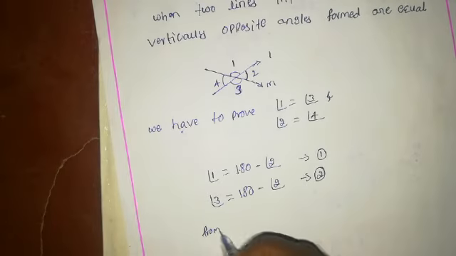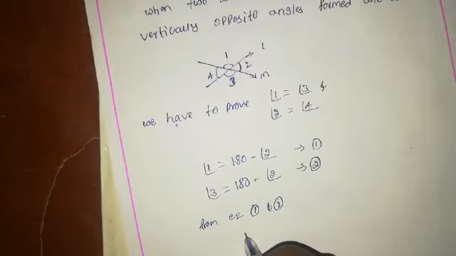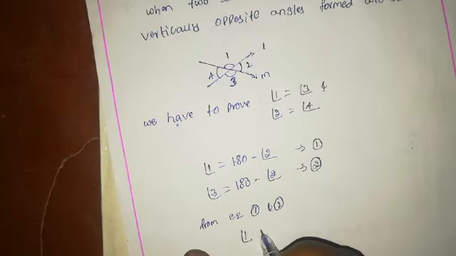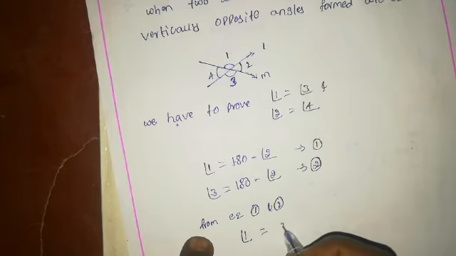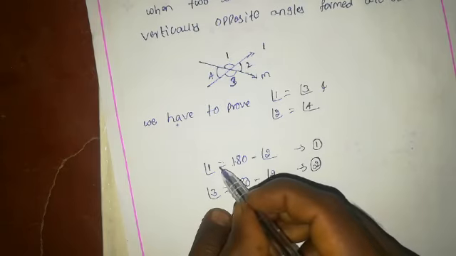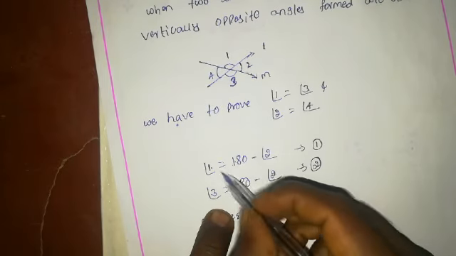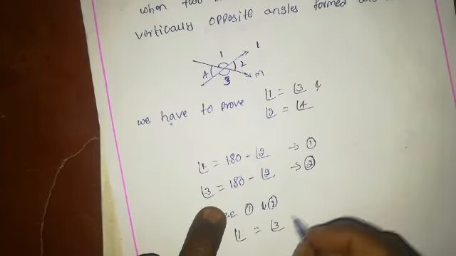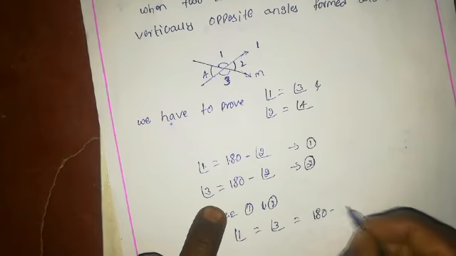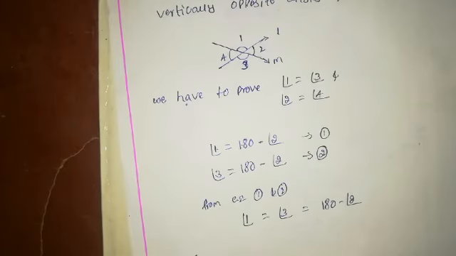From equation number 1 and 2, we get angle 1 is equal to angle 3, because both are 180 minus angle 2. Angle 1 and angle 3 have the same measurement.